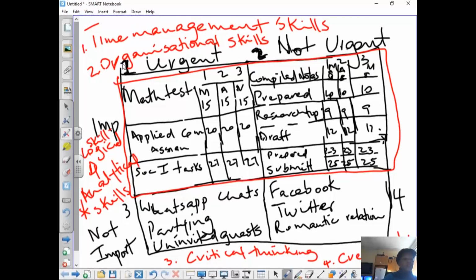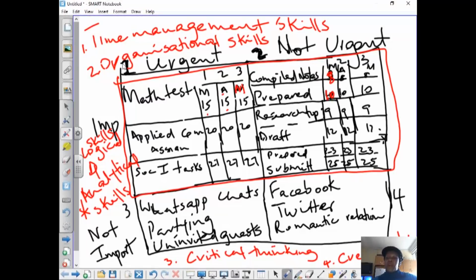Do you get it? When we're talking of logic, it's somebody who's orderly. For instance, you see that March 15th you have the first maths test, in April 15th you have a second one, and in May you have the third test. So orderly in the sense that by March 8 you would have compiled your notes for test 1, and by March 10th you'll be prepared for the test which you will write on the 15th.